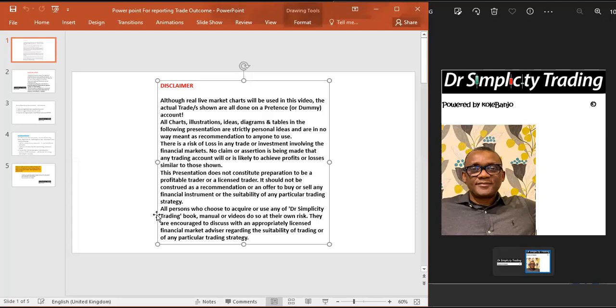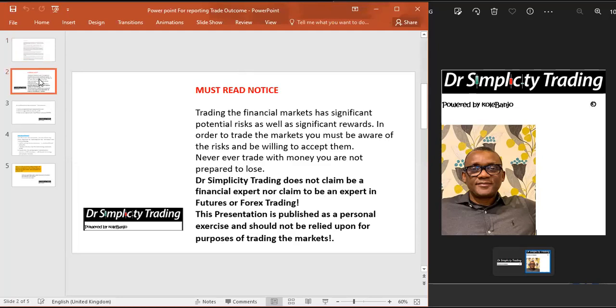They are encouraged to discuss with an appropriately licensed financial market advisor regarding the suitability of trading or of any particular trading strategy. Again, the must read is all very clear. And at the bottom, the very last sentence says that this presentation is published as a personal exercise and should not be relied upon for purposes of trading the markets.